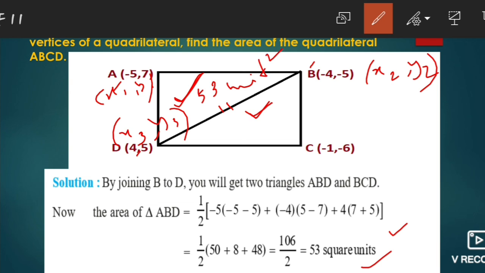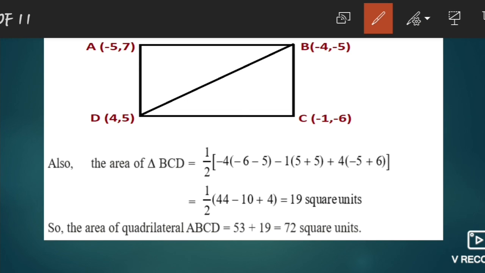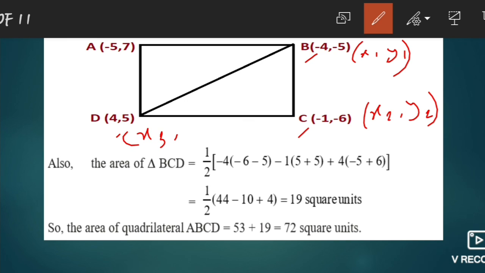Now again, for the lower triangle BCD, suppose I am considering this one as x1 y1, this one as x2 y2, this one as x3 y3. Again put it in the formula of area of triangle, and you get 19 square unit.